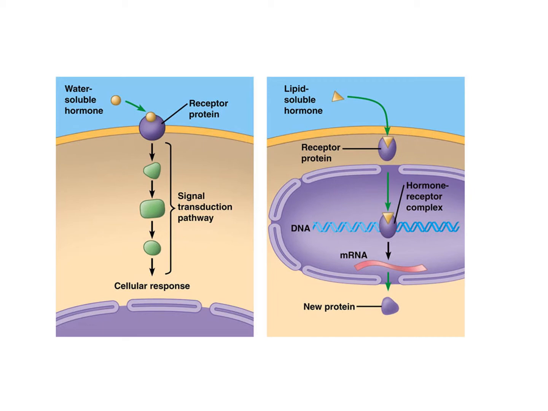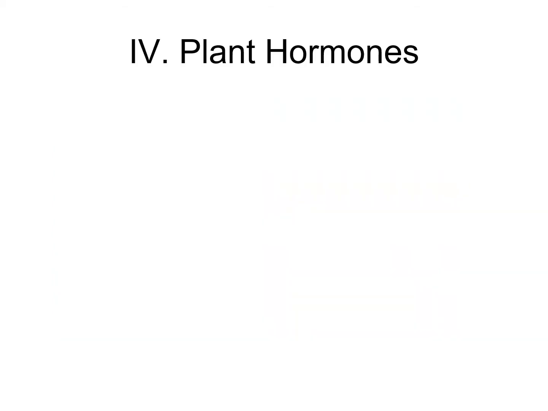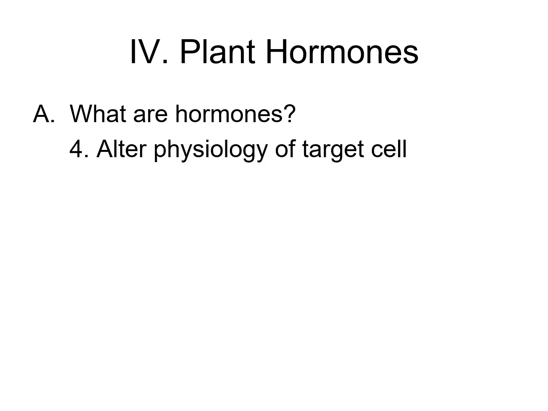Whereas on the right, the lipid-soluble hormone, such as a steroid, will pass right through the plasma membrane, bind to internal receptors, enter the nucleus, and have a pretty direct effect on the target. So hormones are chemical messengers traveling through extracellular fluid, binding to receptors, and altering the physiology of the target cell.